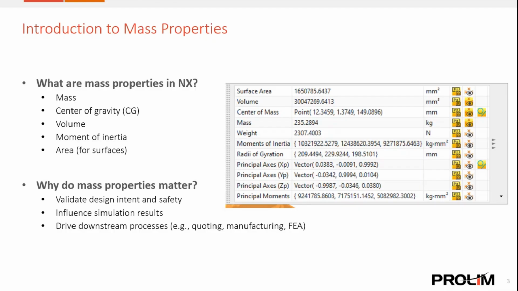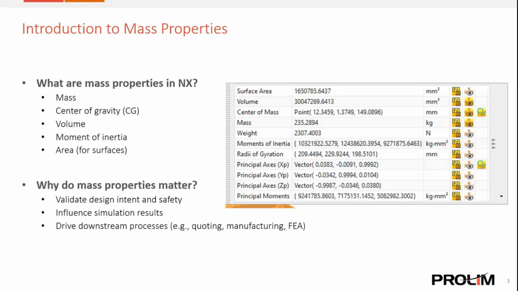You've got manufacturing costs. Material usage impacts the cost, so small changes in density or volume can add up, or, depending on what material you use, you might have different manufacturing costs. Then, of course, your simulation accuracy, which is probably the biggest one.